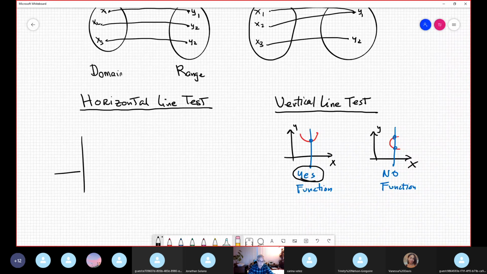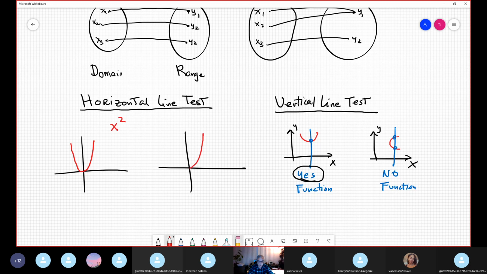To understand this, suppose that we have the classical parabola. This is x squared, basic, and we also have the cubic function. The cubic function, you know, is like that. So in this case, to investigate if it's a one-to-one function or no, you apply one thing called the horizontal line test.